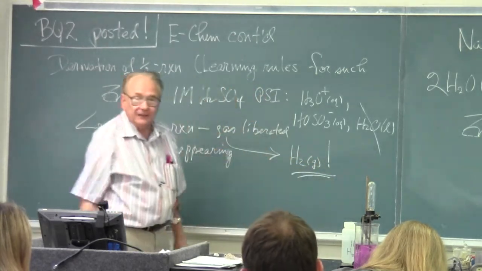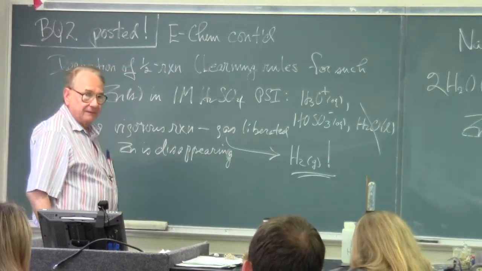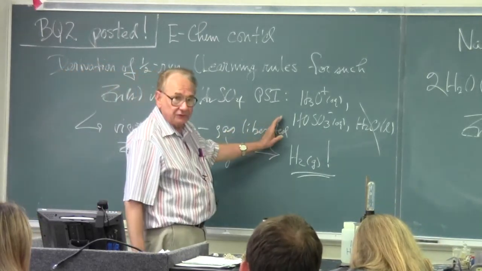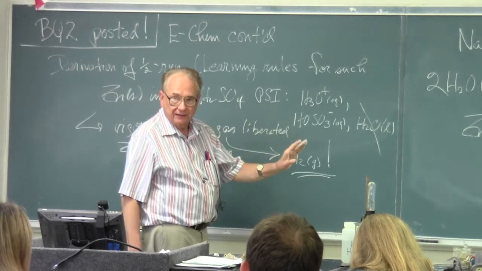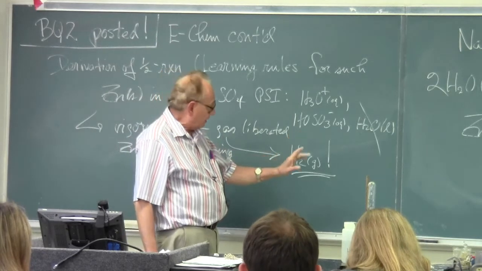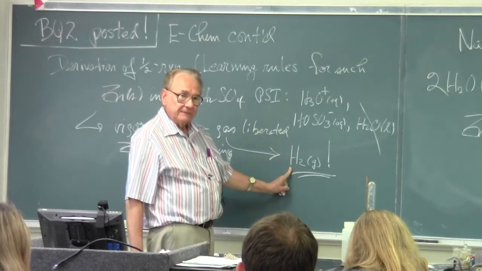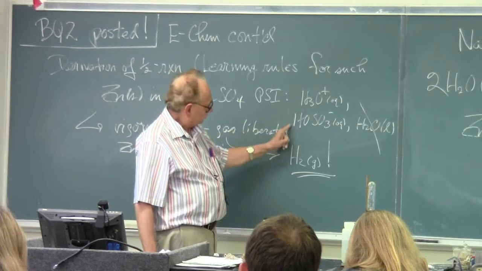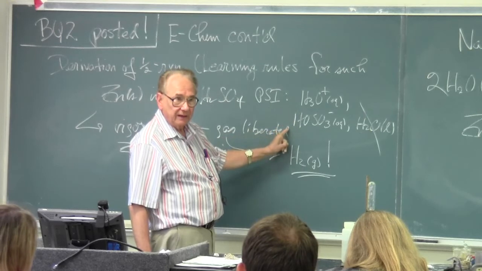Let's imagine we simply collected a sample of the gas, analyzed it, and found it's hydrogen. So whatever is doing the oxidation of zinc is giving as a reduction product hydrogen. So I ask a question: which of these do you think is being reduced and why?